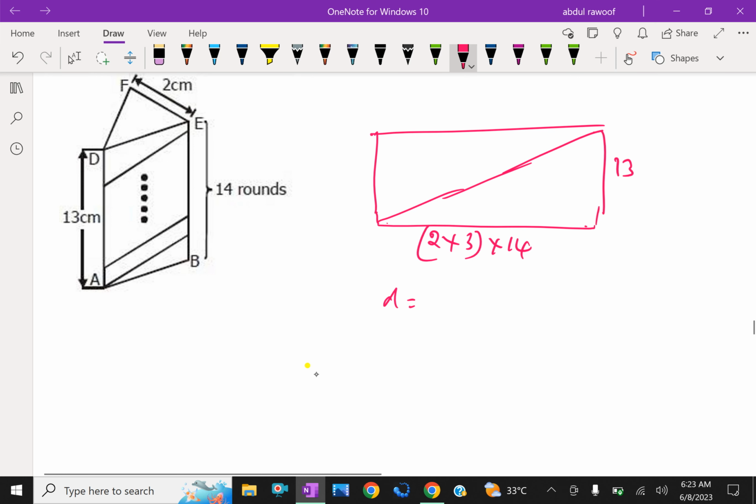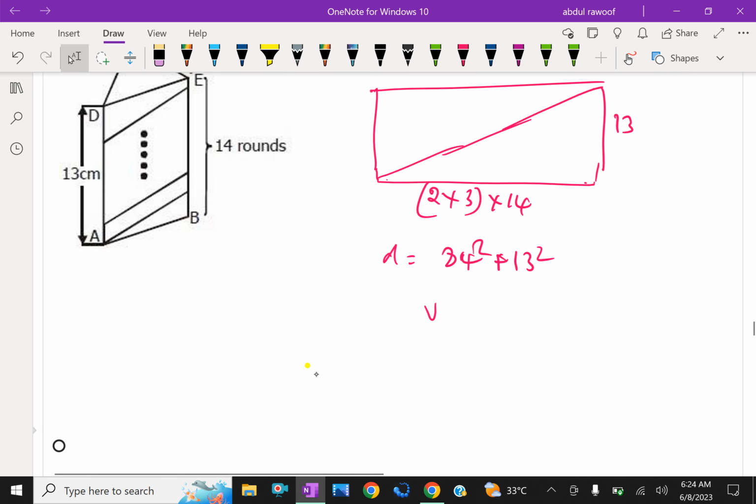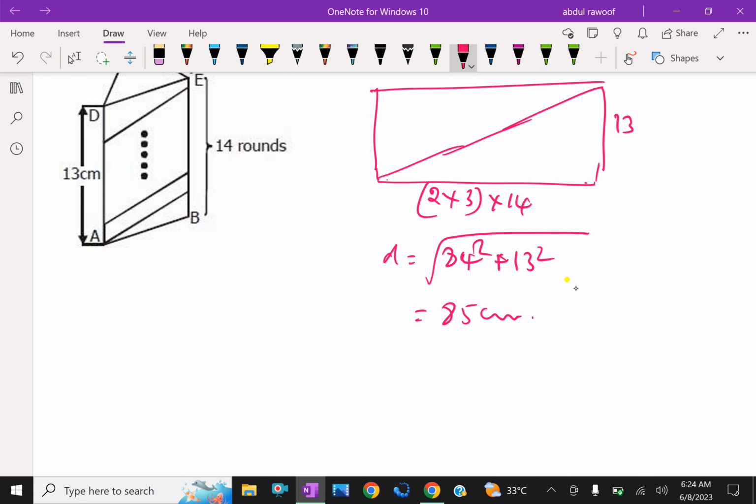Therefore, equal to 84 square plus 13 square, which gives 85. If you multiply 84 into 84 plus 13 into 13, then take the square root, it gives 85 centimeter.